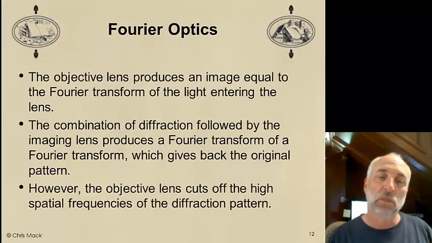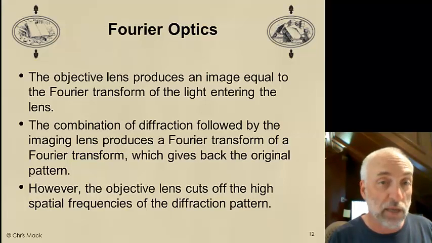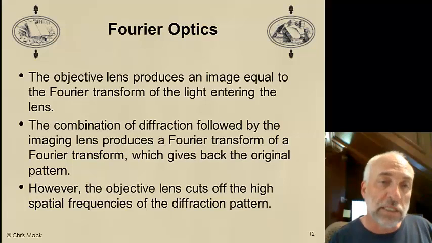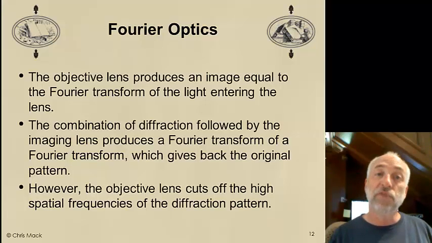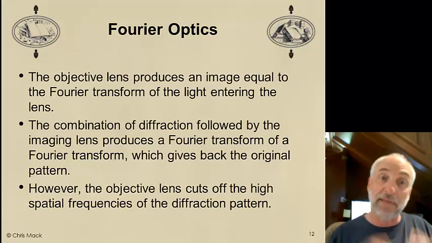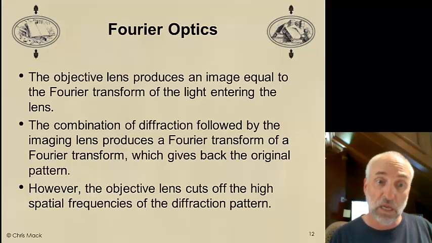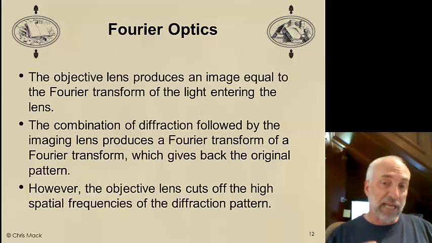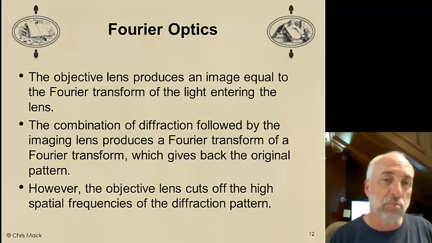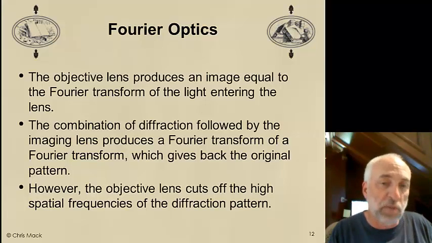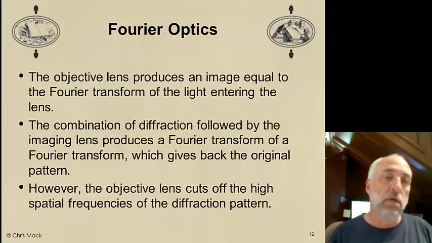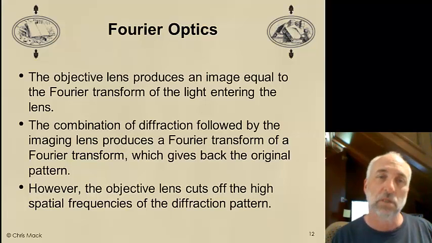exception. The objective lens does not take the Fourier transform of the entire diffraction pattern. It only takes the Fourier transform of the portion of the diffraction pattern that can make it into the lens. So the objective lens cuts off all of the high frequencies in the diffraction pattern. Only the low spatial frequencies, low enough to make it through the lens.